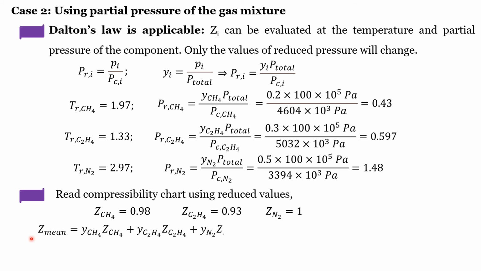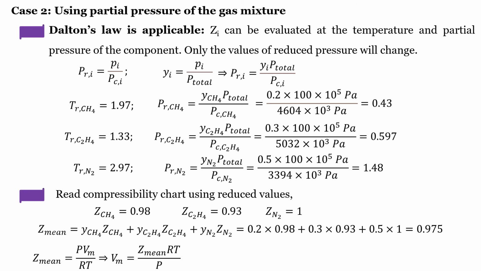Now we can write the mean compressibility factor, because we have estimated the individual compressibility factors, and already in the problem the mole fraction of individual components is given. So after putting all values we will get the mean value of compressibility factor.